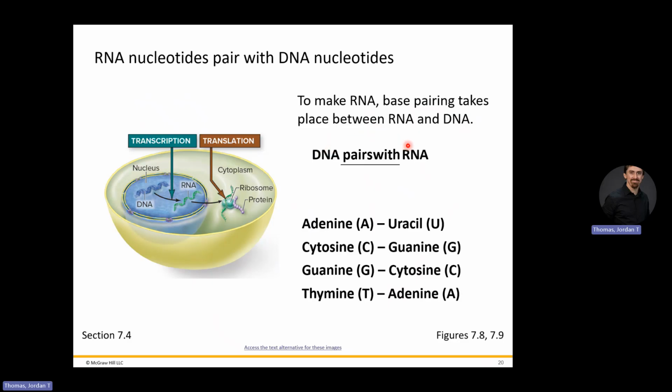Just like we have A to T, C to G, we have the same idea, but instead of A to T, we have A to U, because T is being replaced with U. So when we go from DNA to RNA, we have A to U, C to G, G to C, and T to A. Same idea as last time, but instead of T, we have U.